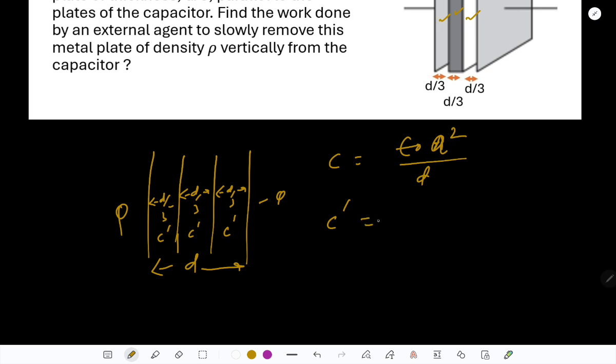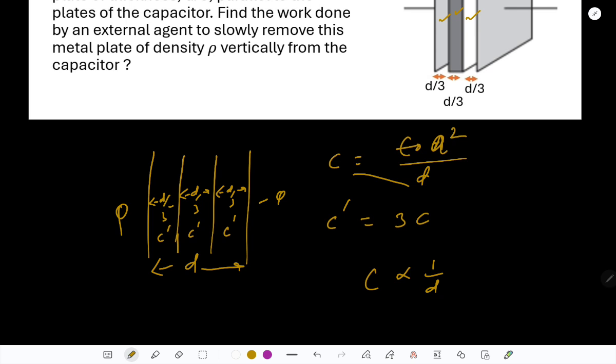Then this C dash is simply equal to 3C, because you already know that the capacitance of a parallel plate capacitor is inversely proportional to the distance between the plates.